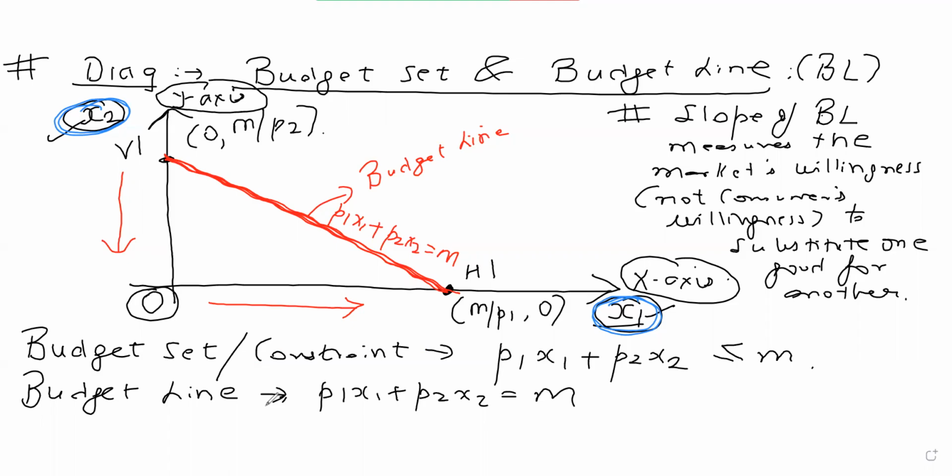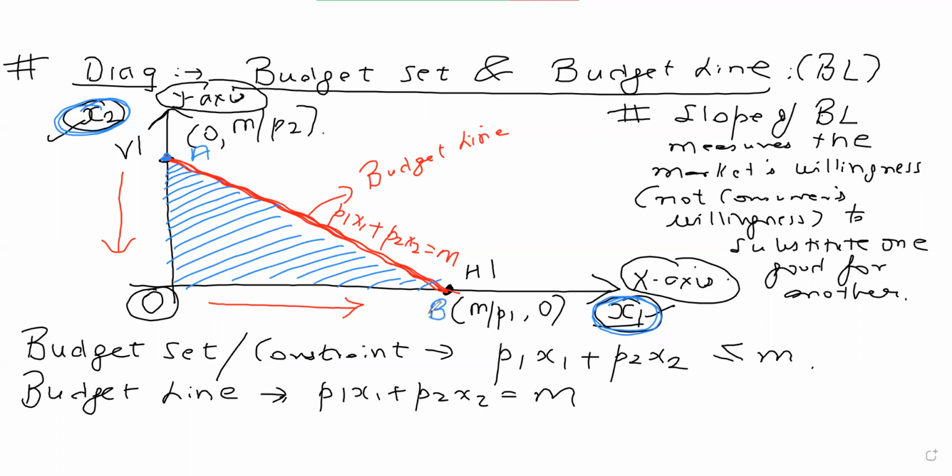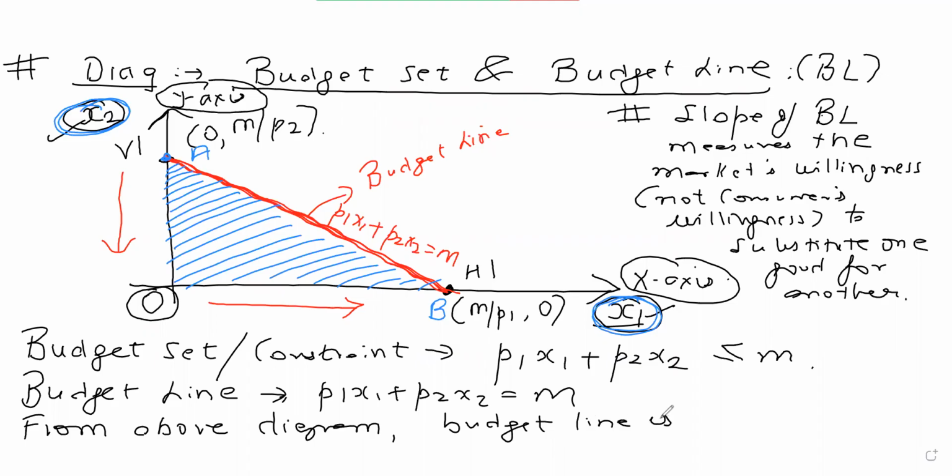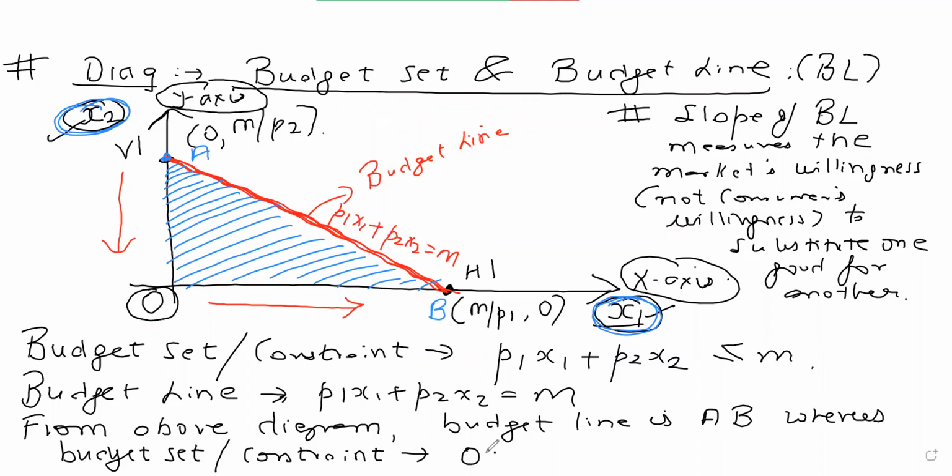So guys, how will I show the budget set in pictures? All the blue portion, including the budget line. Suppose the vertical intercept is A, the horizontal intercept is, let's say, B. To make it more clear, from the above diagram, budget line is AB, whereas the budget set or the budget constraint, whatever you want to say, is the triangle OAB.